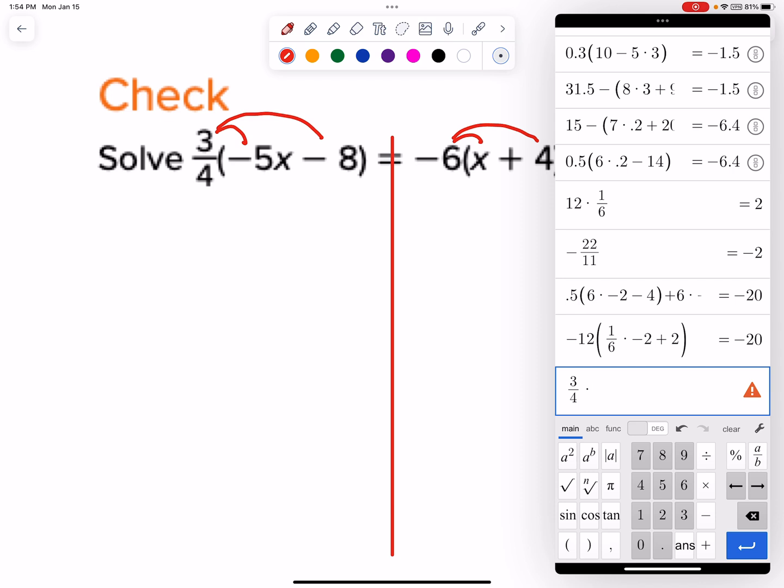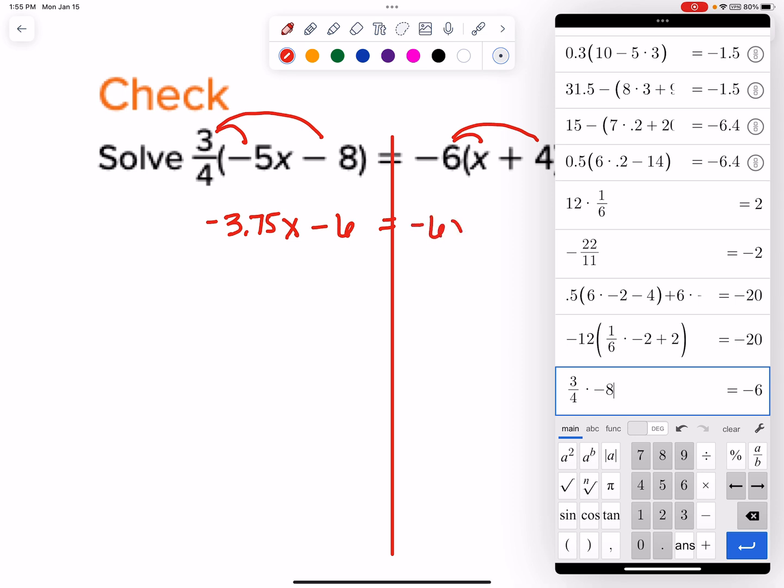So times negative 5, and so we have negative 3.75x, and now I could just back up here, 3/4 times negative 8, and we have negative 6. Okay, equals, let's go ahead and do this side now.